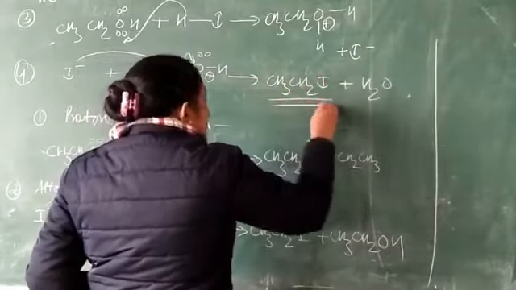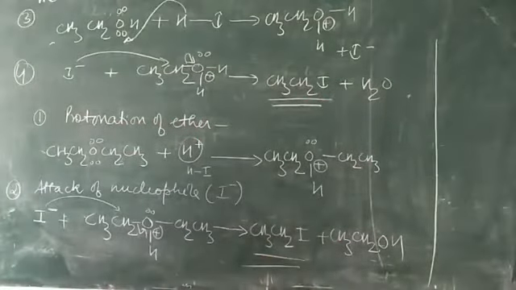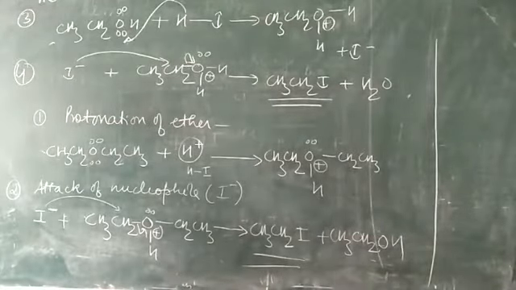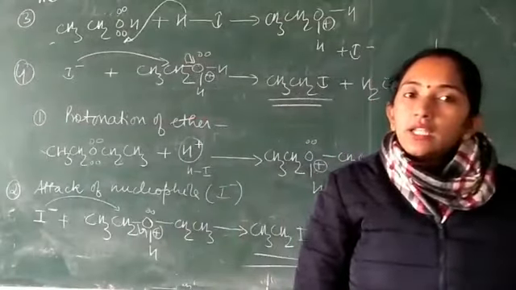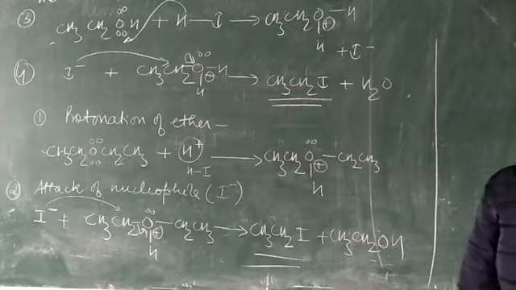So you can see that we get two molecules of alkyl halide formed when we take HI in excess. So which mechanism is taking place here? It is following the SN2 mechanism.